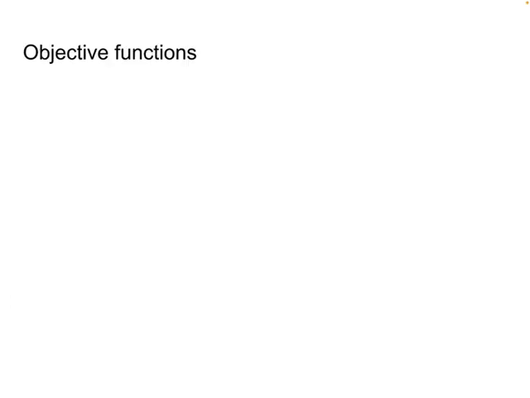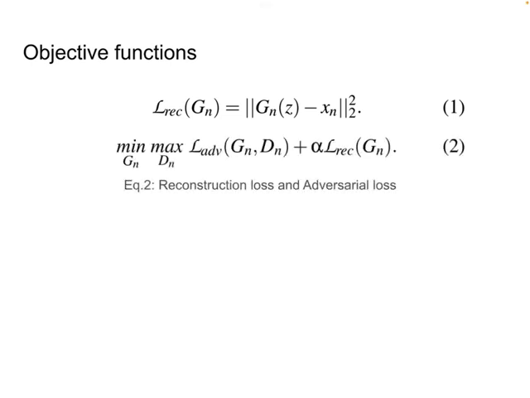We define the objective functions for the generator and the discriminator as follows. Equation 1 corresponds to the L2 reconstruction loss enforced between real images and the samples generated from fixed noise maps. Equation 2 corresponds to the GAN objective, which consists of the adversarial loss between the generator and the discriminator and the reconstruction loss.